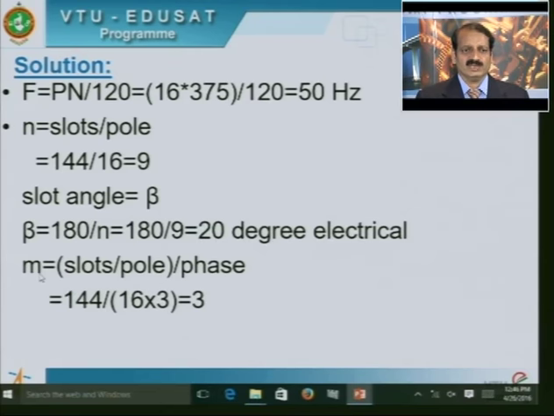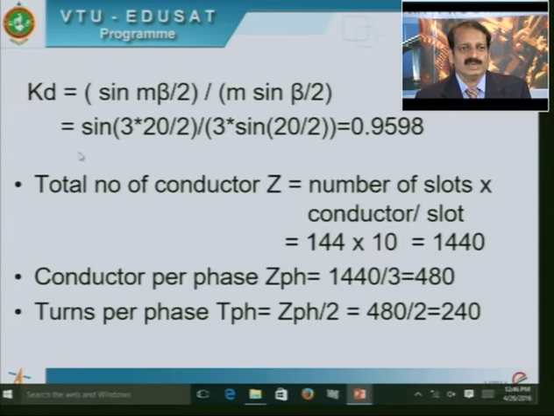M is nothing but slots per pole per phase. So, what we have is, we have 144 slots, 16 poles and 3 phases. So, we will have M, which is equal to 3. Now, we can calculate KD, distribution factor, which is given by sin(m beta by 2) divided by m sin(beta by 2).